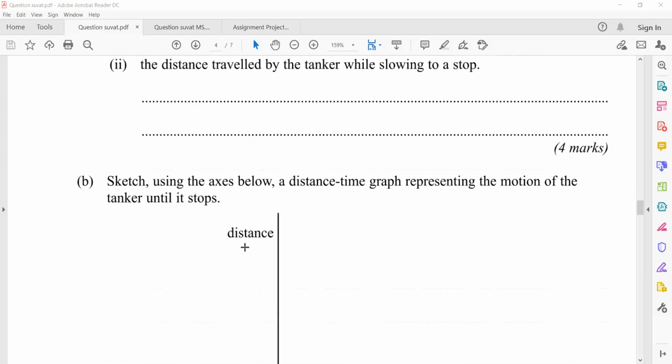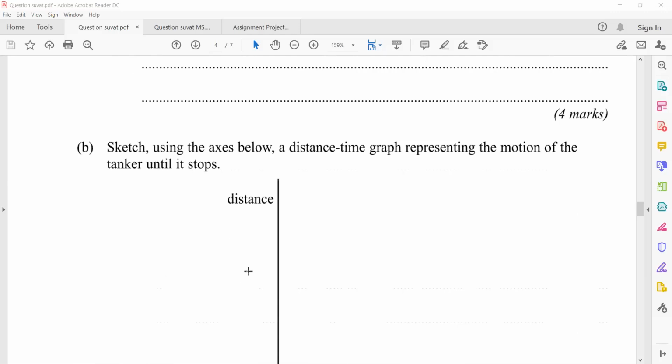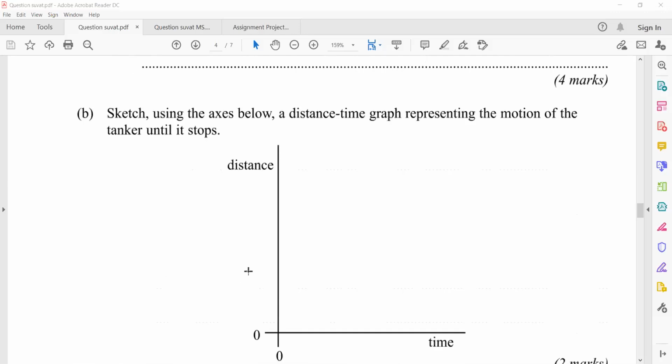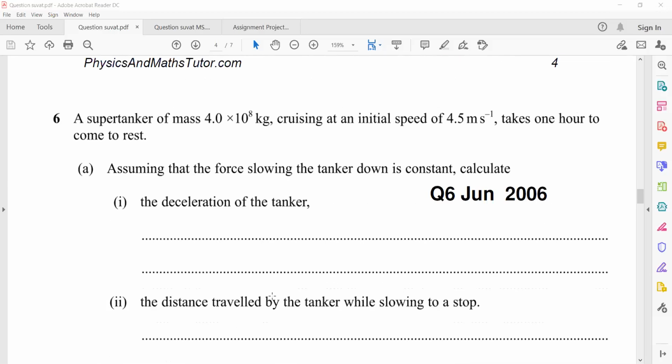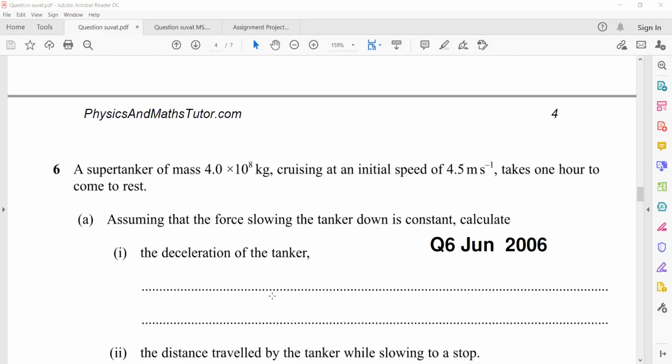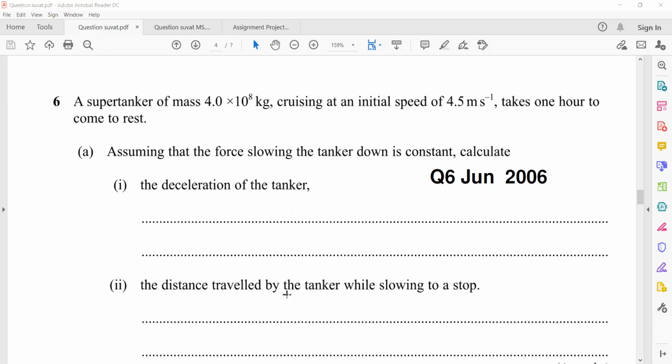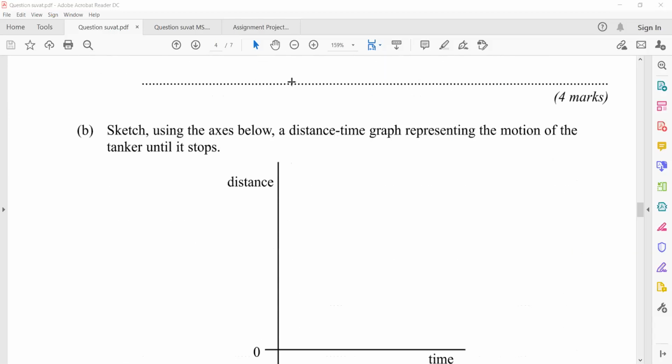The next part: sketch, using the axes below, a distance-time graph to represent the motion of the tanker until it stopped. So for the distance-time graph, what do we have to show? We have to show a deceleration. Deceleration means speed is decreasing.